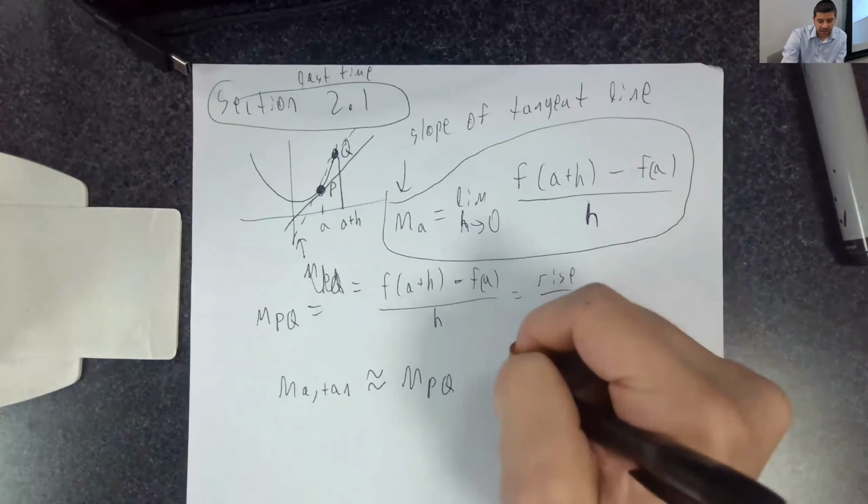The distance fallen is f of t equals 4.9 t squared.